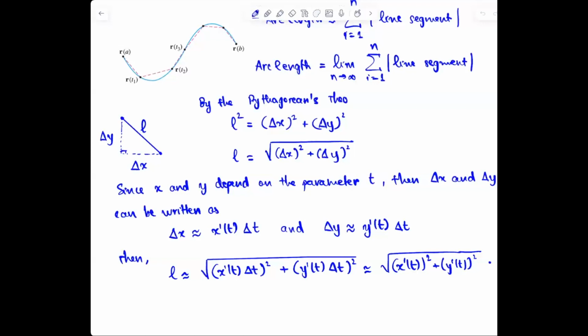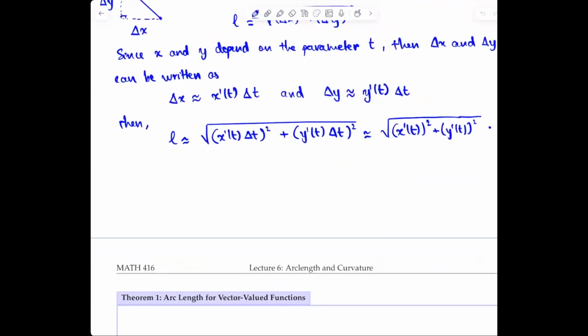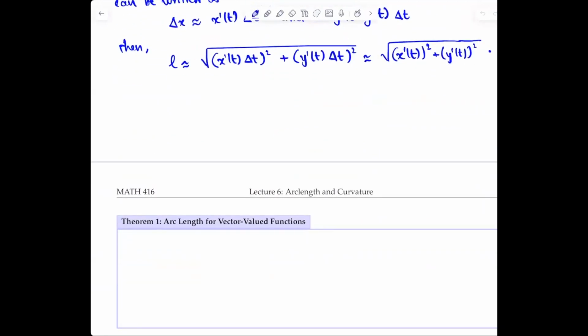Now, the next step is to increase the accuracy of the approximations, or find the arc length now. So the arc length of the curve can be approximated as follows.